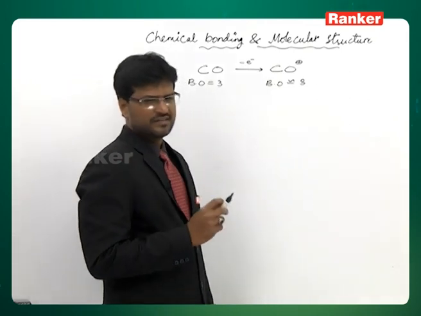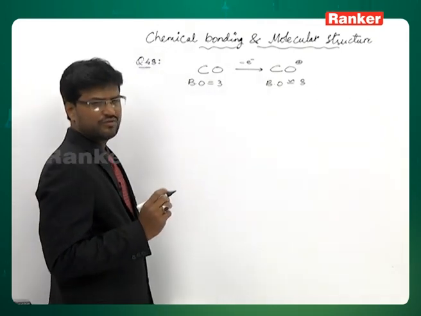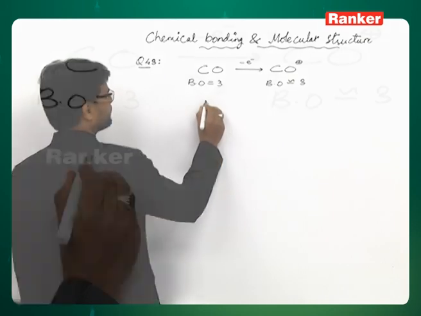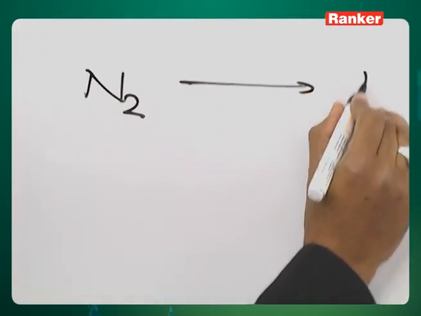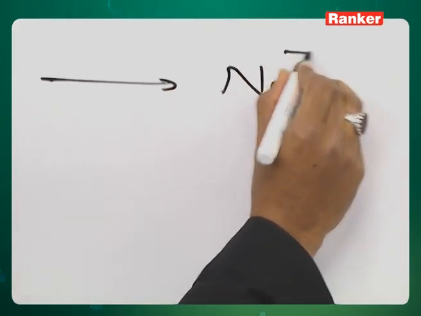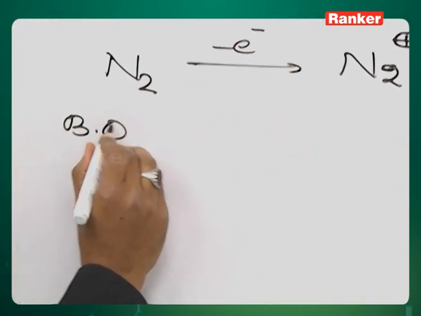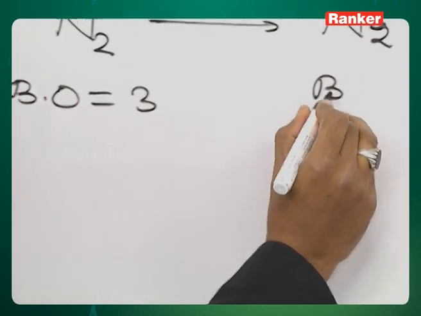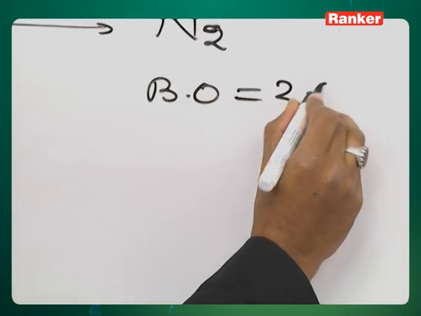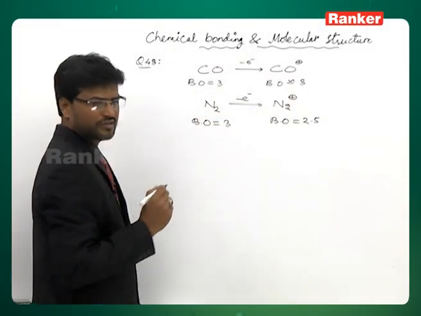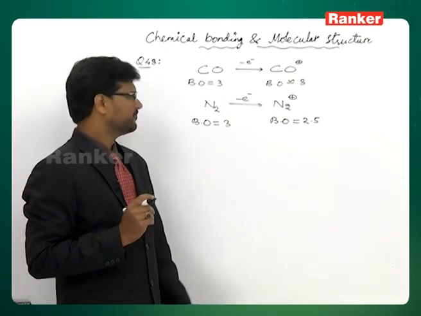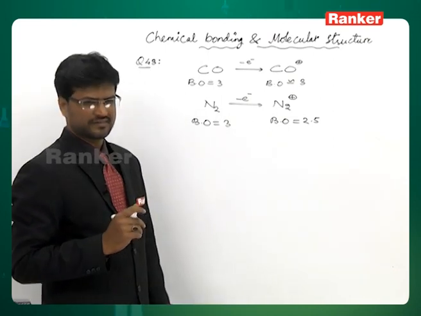Now, look at the next case, N2 to N2 plus. Here we have removed one electron. Here bond order of N2 is 3 and bond order of this is 2.5 because the electron is removed from bonding molecular orbital. So, here bond order is decreasing.